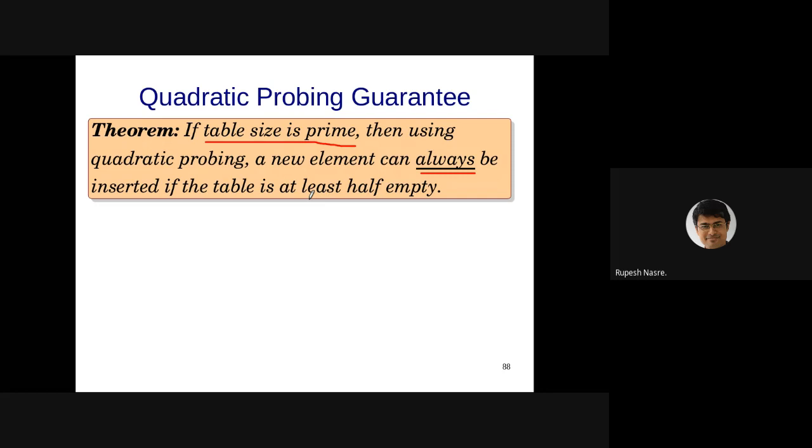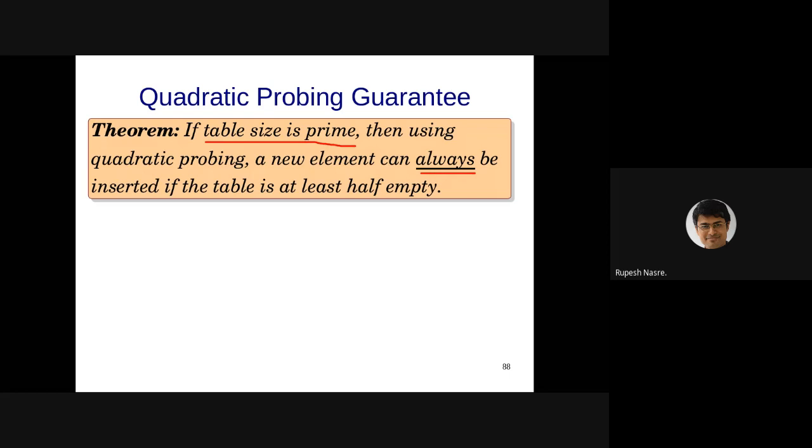So if there are 50% holes in the table and you are using a table size as some prime number, typically a large number, but this theorem is going to apply even if the prime number is small, then you will always find a place for it. Where is this theorem coming from?